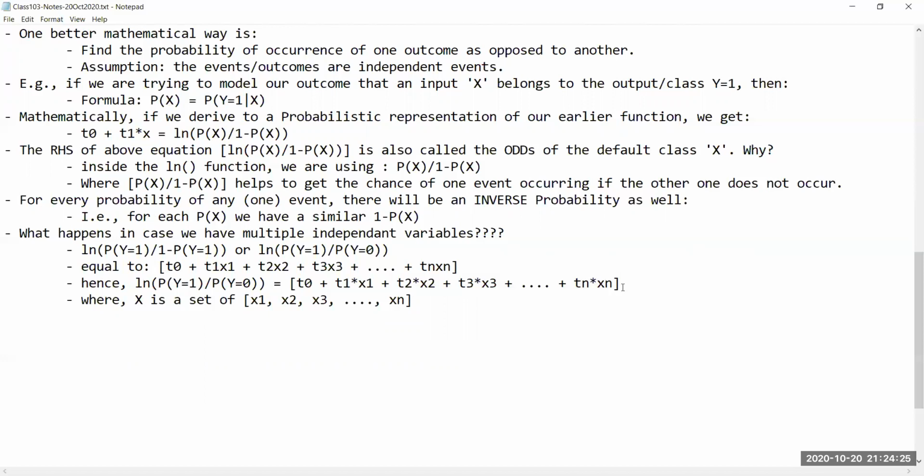In other words, I can represent this formula as a natural log of the probability of one of my desired outcomes divided by the probability of the other outcome. And hence I'm able to represent it like this. So this is one way to understand how internally my logistic regression is going to work.